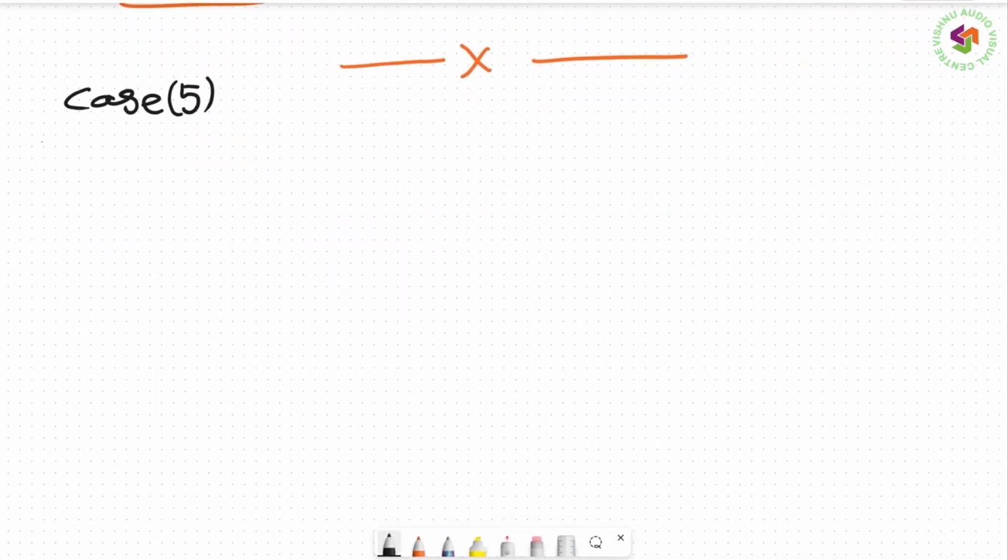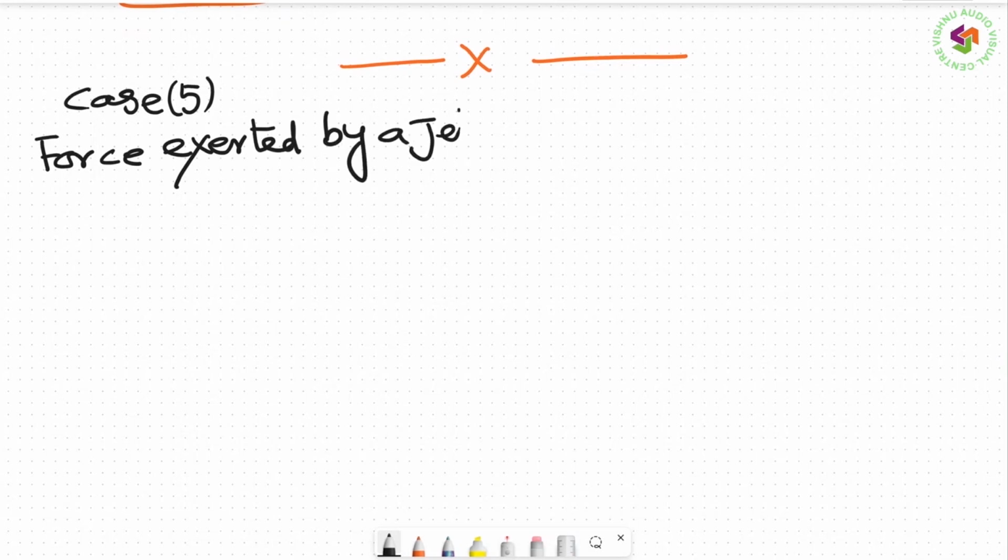That is the force exerted by a jet on an unsymmetrical vane, jet striking at one end. That is the only difference. Unsymmetrical. The previous two cases are symmetrical.